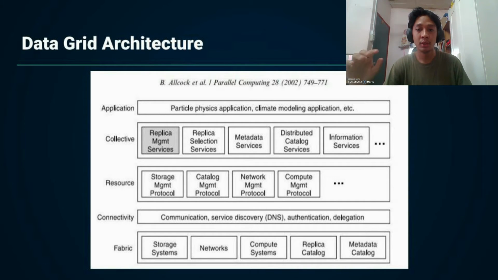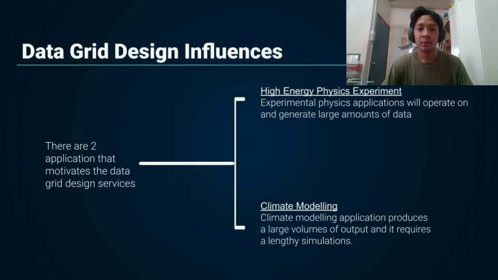At the resource level are services associated with managing individual resources, for example, storage and catalog management protocols, as well as protocols for network and computation resource management. At the collective layer of the architecture are higher level services that manage multiple underlying resources, including the replica management service that is the focus of this subject. So there are two application examples that influence the design of the data grid service.